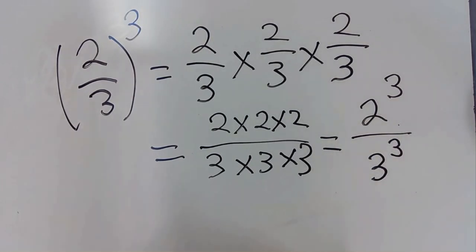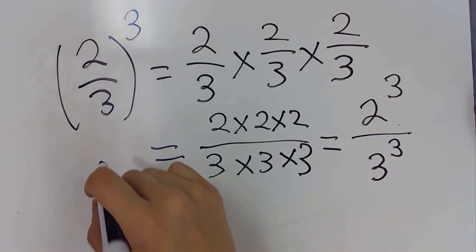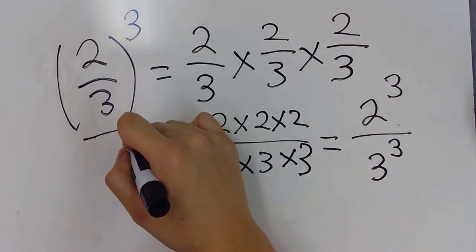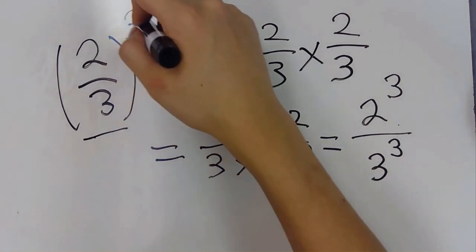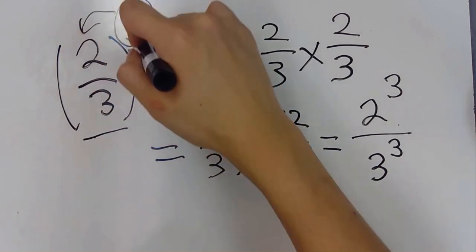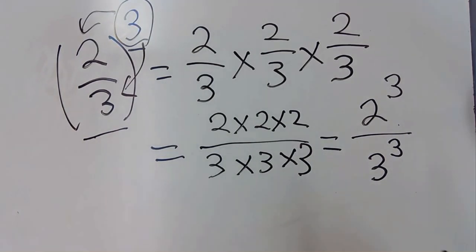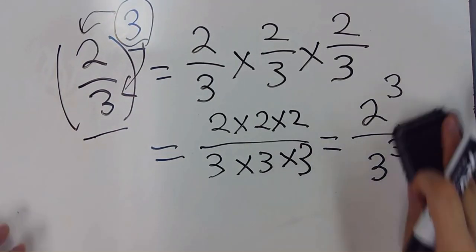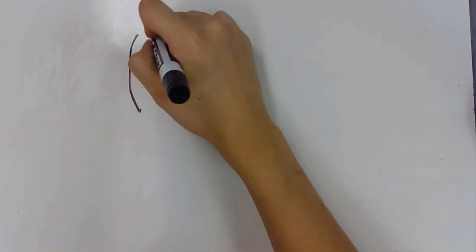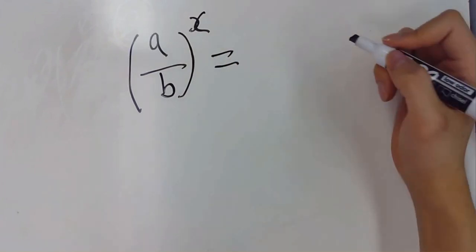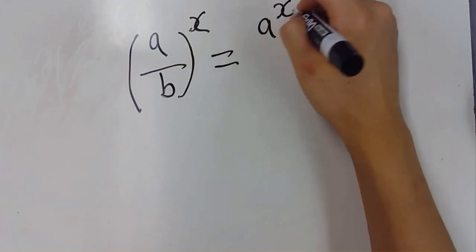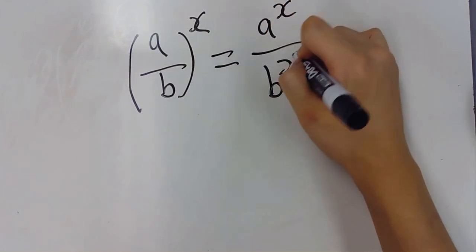So here we can see that if we have a fraction and have an exponent, we can just distribute the exponent to both top and bottom. So as a result, a general rule of thumb is that if I have a over b to the power of x, then that is equal to a to the power of x over b to the power of x.